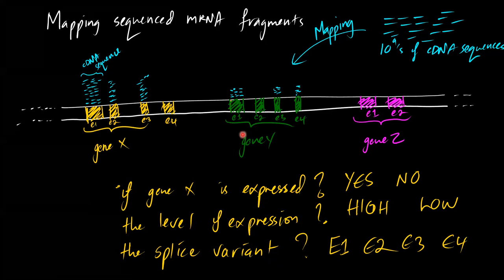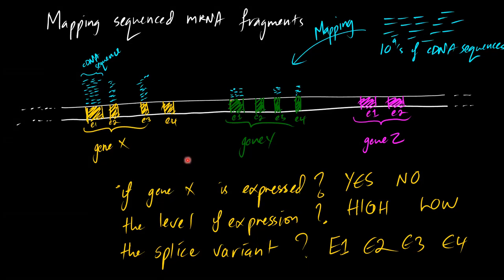So after we do mapping, after we determine where every cDNA sequence maps to the genome, we can gain these three pieces of information about the expression of each gene.